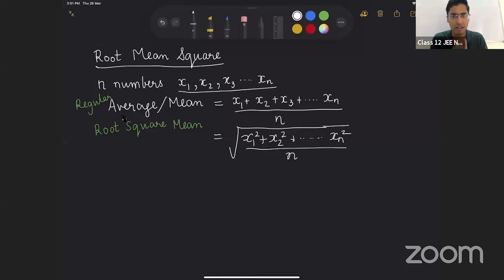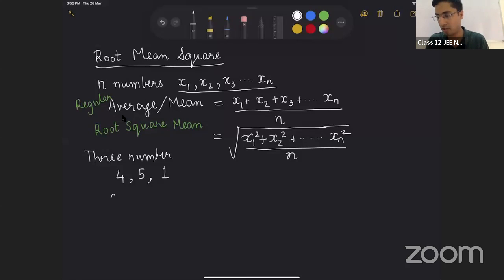Okay. So let me now give you an example and make you do that example so that all of you understand this. Let's say we have three numbers, 4, 5 and 1. So three numbers. What will be the regular mean?